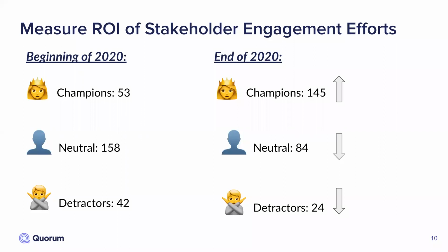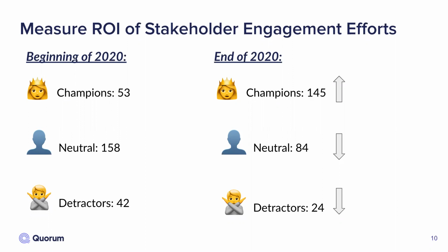Now, throughout the year, we're going to be meeting with these stakeholders, sending them engagements, tracking what they are saying in social media or in the press, and trying to move them ultimately from neutral to champions and from detractors up to neutral.